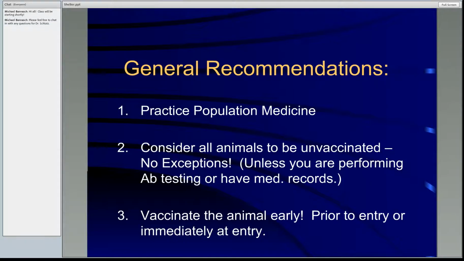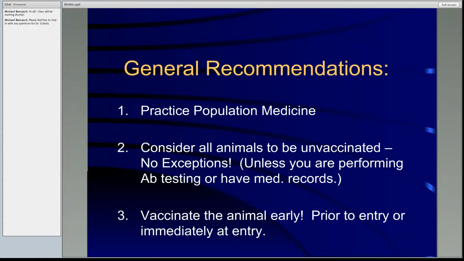What we have found by doing surveys in a number of shelters around the country is that a very large percentage of dogs and cats do come in susceptible to the major diseases we'll be talking about. Up to 50% of dogs may never have seen distemper before coming into that shelter. And so that makes this population a high-risk population.